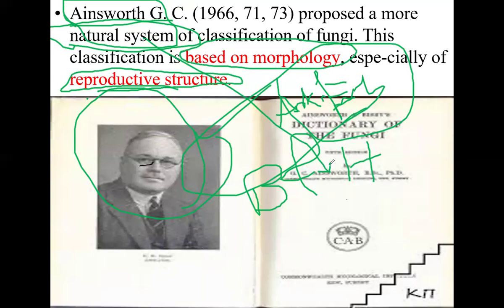Whose classification is the natural system of classification in angiosperms? Bentham and Hooker. In the fungi? Ainsworth. Ainsworth classification is the natural system of classification of fungi. Bentham-Hooker classification is the natural system of classification of angiosperms. Okay, don't forget.